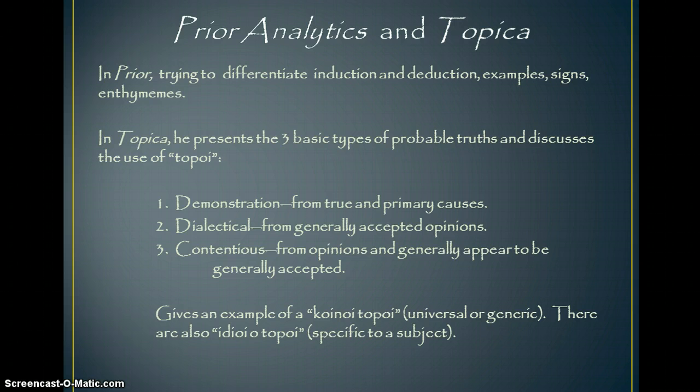In other words, there are stock or generic arguments that can be used no matter what type of subject you're arguing about. I mean, you could be arguing about the budget deficit or health care or gun control or anything like that. And there are some arguments or types of arguments that can be used no matter what the topic is that you're discussing, no matter what the political or ethical issue you're discussing. These are koinoi topoi, universal or generic arguments.